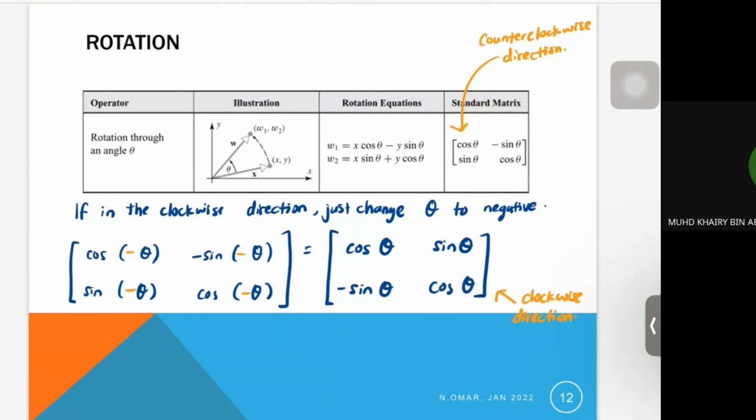So if you want to find the matrix for rotation in the clockwise direction, you just change theta to negative, simplify it, then you will get this standard matrix. So we will use this standard matrix.